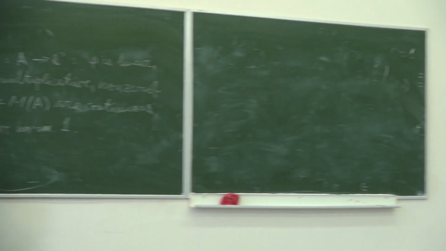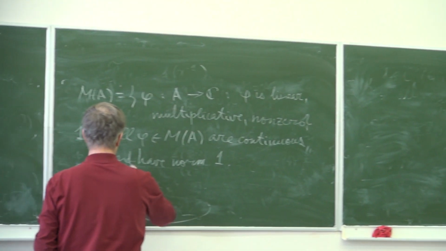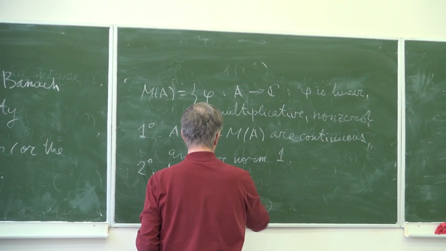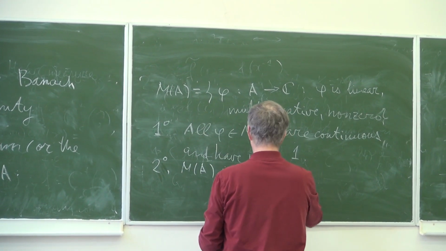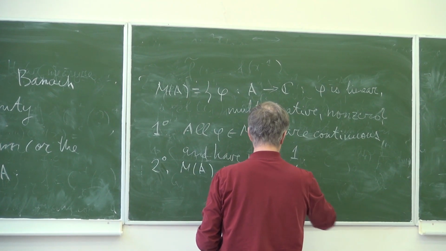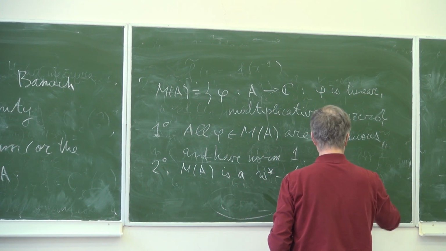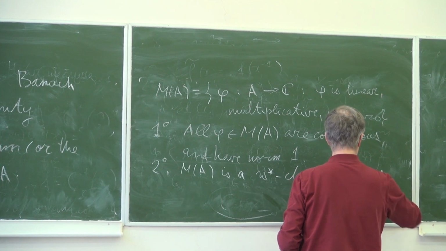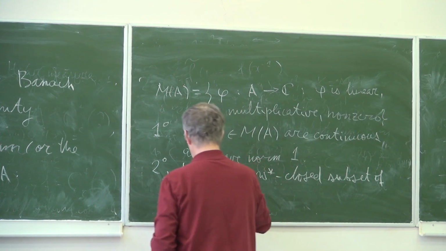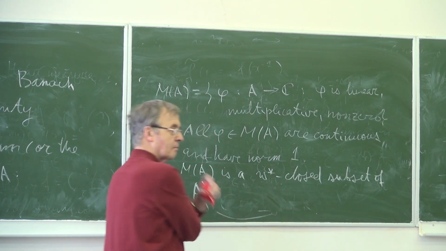Second, M of A is a W star closed subset of the dual space.